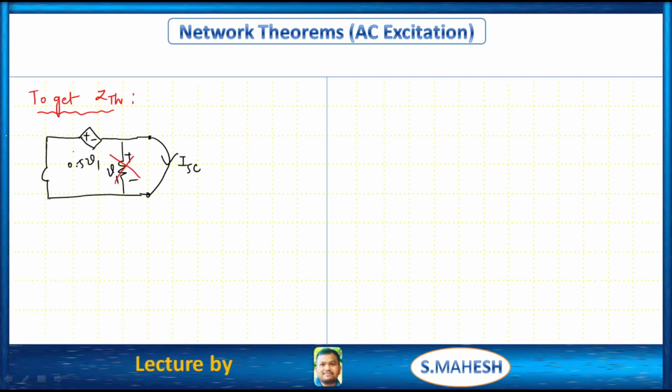The current has taken the path like this. So V1 is equal to 0, which implies the value of the dependent source is 0, right?